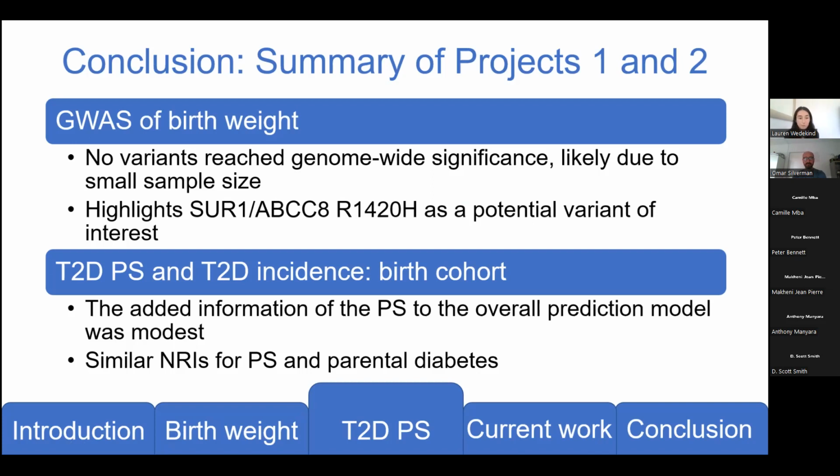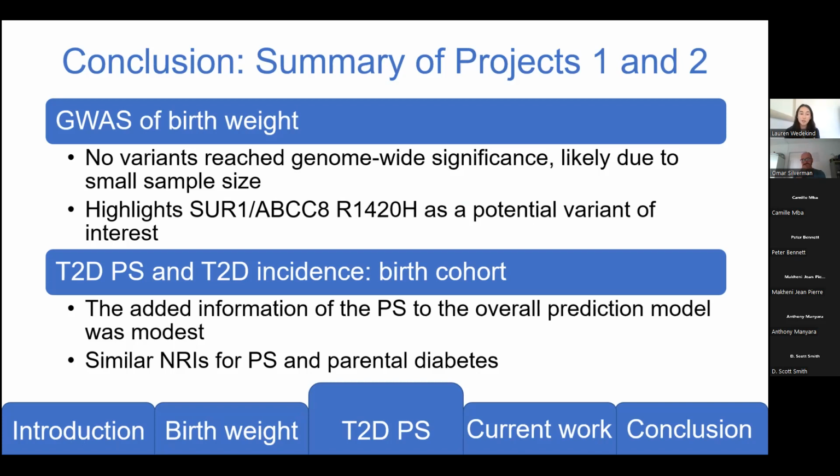The added information of the polygenic score to the overall prediction model was pretty modest, and the clinical variables predicted type 2 diabetes incidence decently overall when you included all of them. And there was a similar net reclassification improvement, that last analysis, for the type 2 diabetes polygenic score and parental diabetes. So further work's needed.